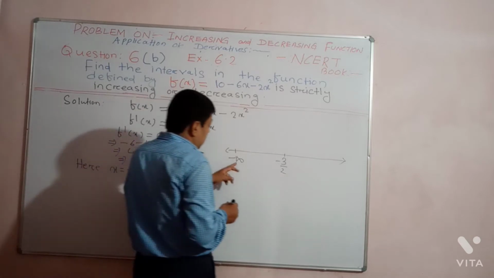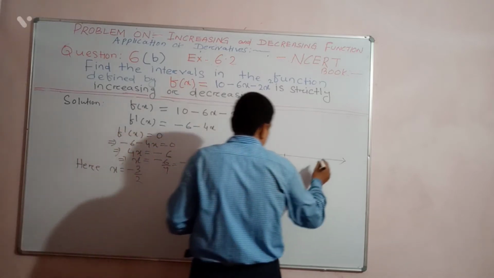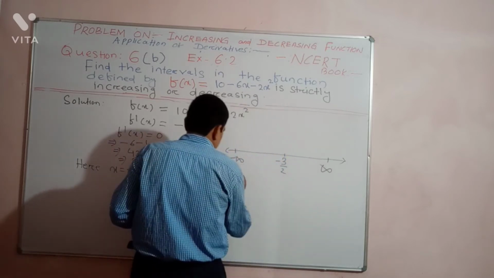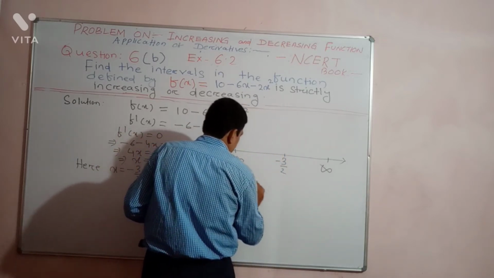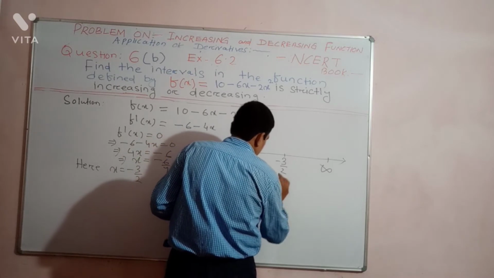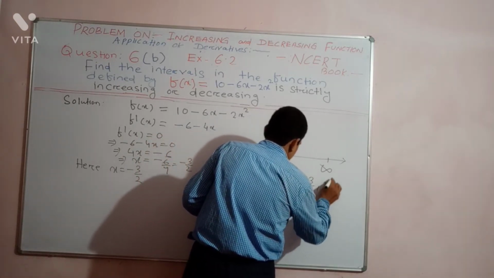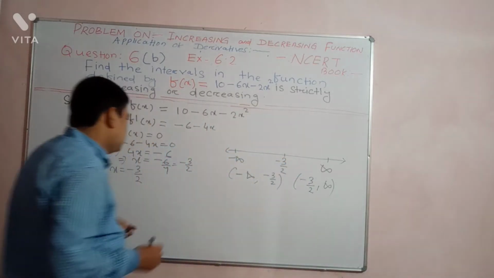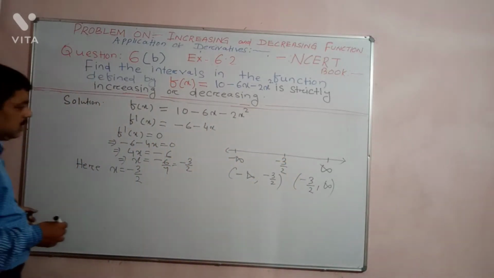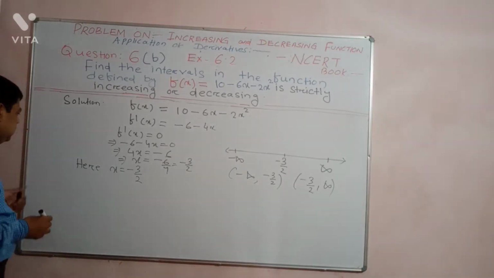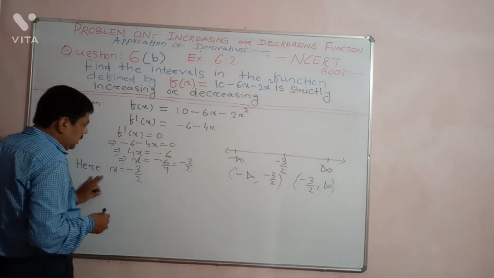One is (-∞, -3/2) and another is (-3/2, ∞). In these two intervals we have to find in which interval the function is strictly increasing and in which interval the function is strictly decreasing.